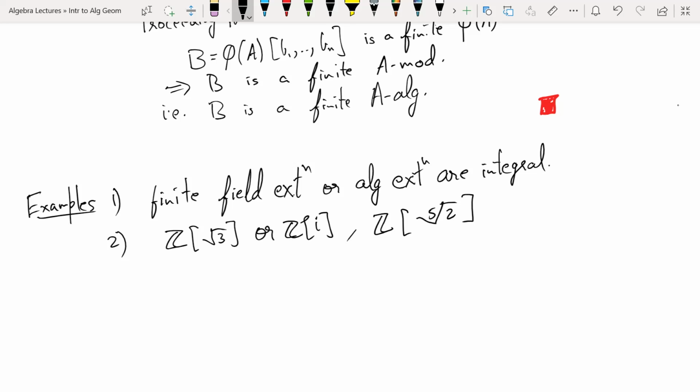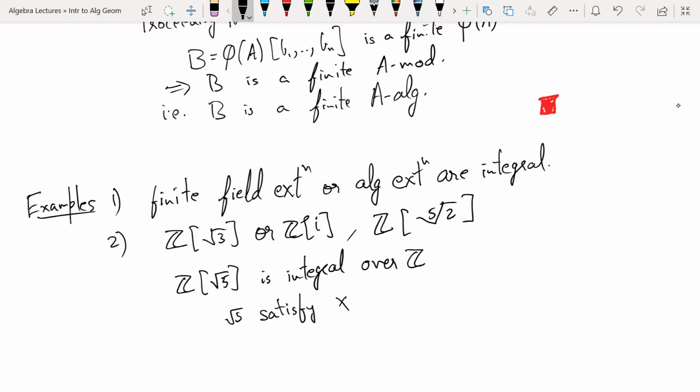For example, Z adjoin square root of 5 is integral over Z, because square root of 5 satisfies the polynomial x squared minus 5.